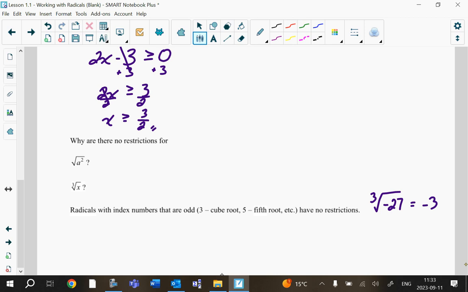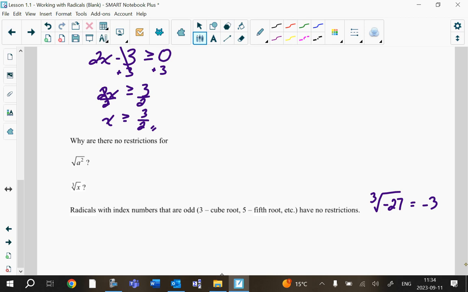Okay. If I plug 2 in, what do you get? 2. Because 2 squared is 4. Square root of 4 is 2. If I plug negative 2 in, what do you get? What's negative 2 squared? Be careful. Negative 2, the whole thing, squared, is positive 4, which you can take the square root to get 2.